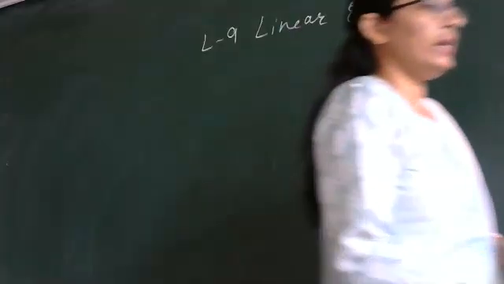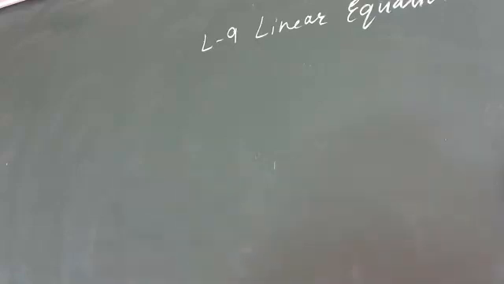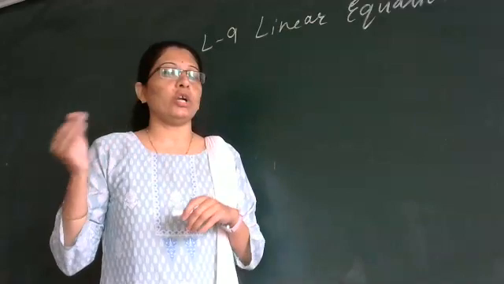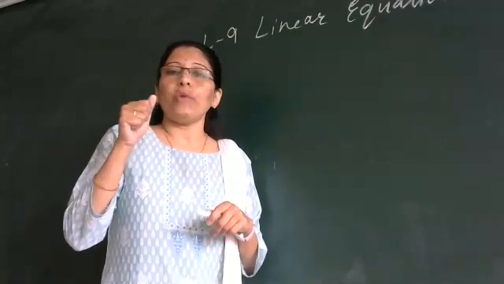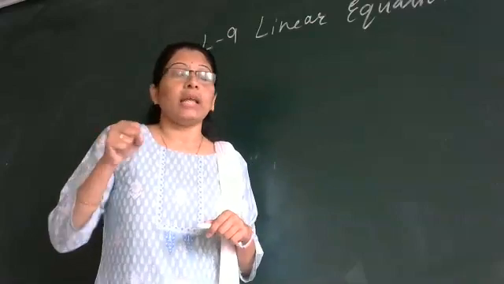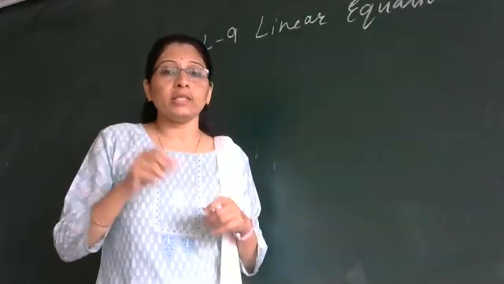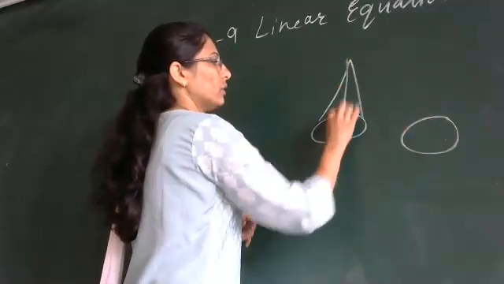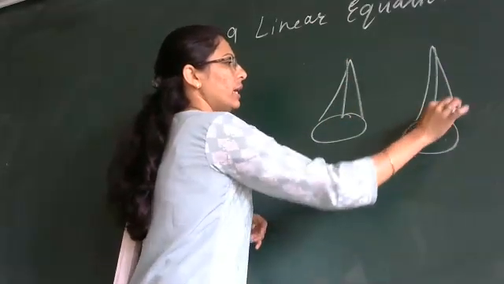Always, when any equation is there, it should be balanced, which means LHS should be equal to RHS. When you go to the market to buy vegetables, they use a balance.